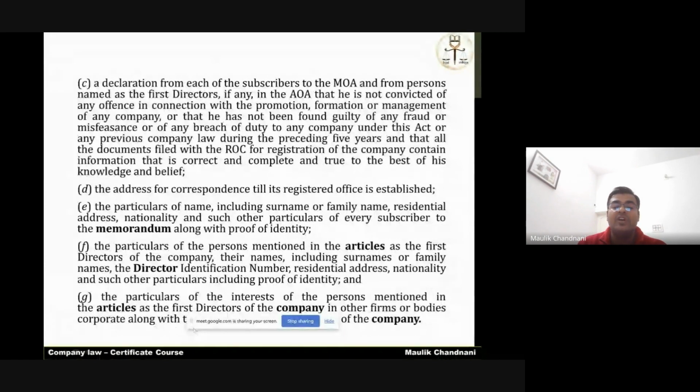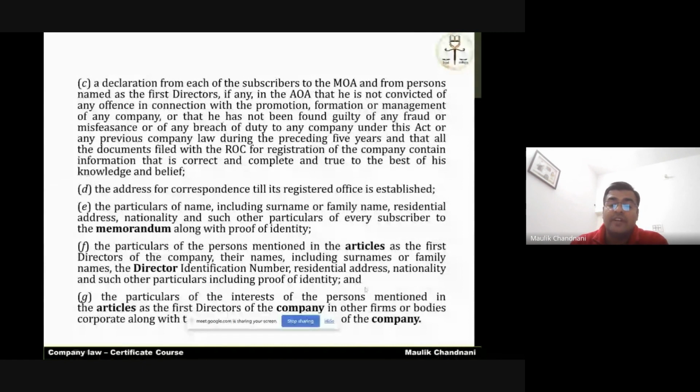The nature of interests of the persons who are named as first directors in other firms or body corporates. Say, for example, if your company's proposed director is already a partner in any other partnership firm or LLP, or is already a director in another company, you need to disclose how those persons whom you are making the first directors are interested in other companies or body corporates.